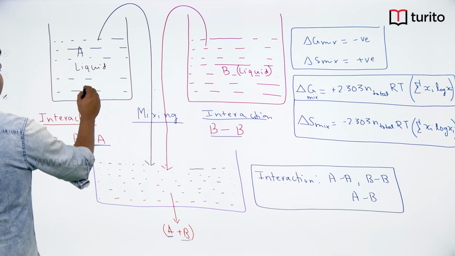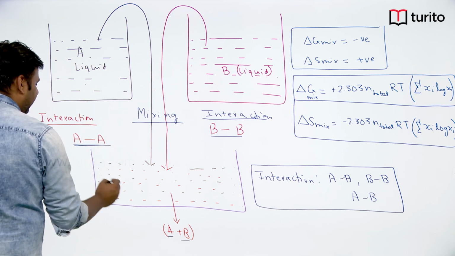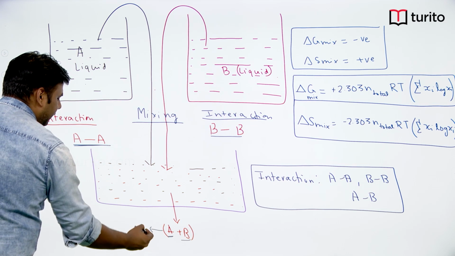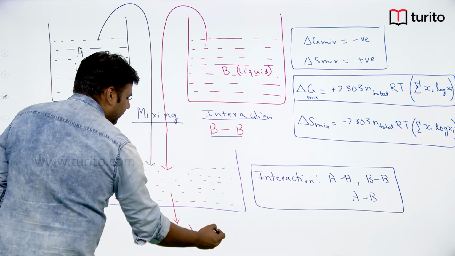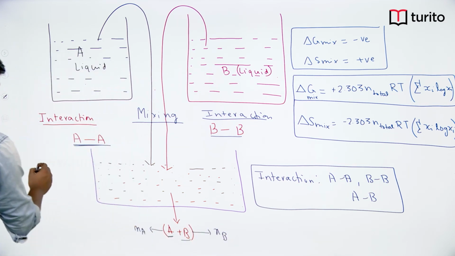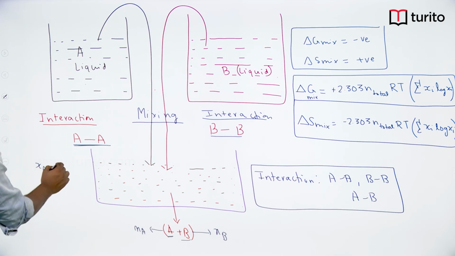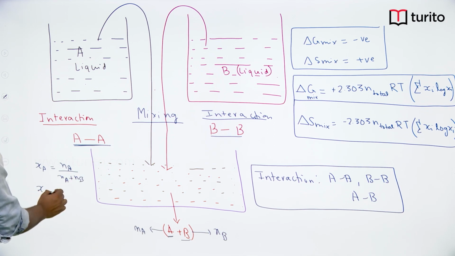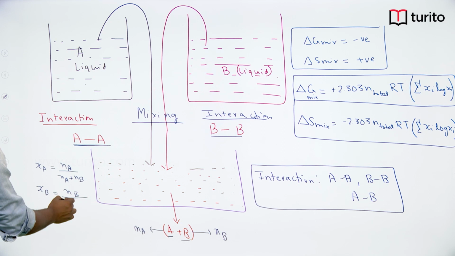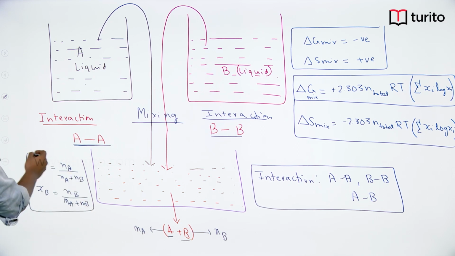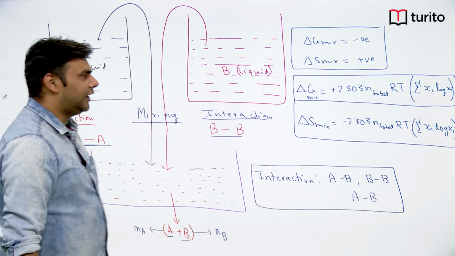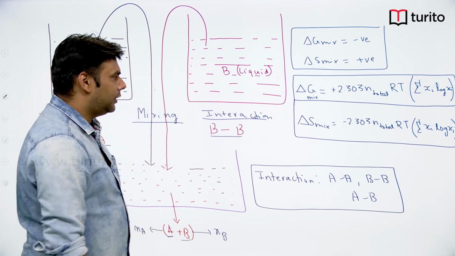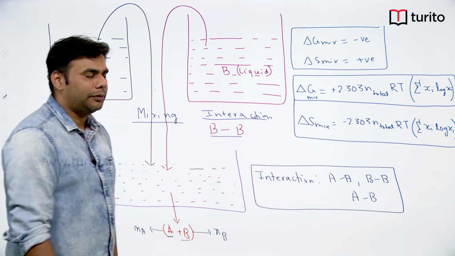Suppose we have Na moles of A and Nb moles of B. The mole fraction of A would be Na upon Na plus Nb, and the mole fraction of B would be Nb upon Na plus Nb. If in a question the temperature has been given, the value of R we will generally take as 8.314, because we want delta G and delta S to come in joules.